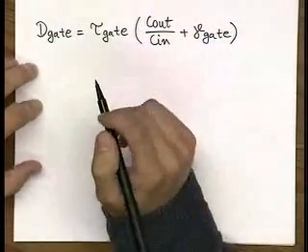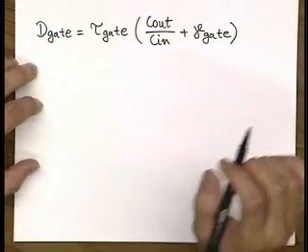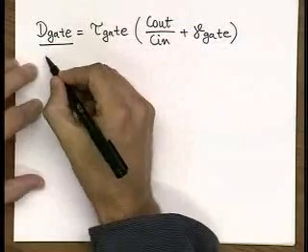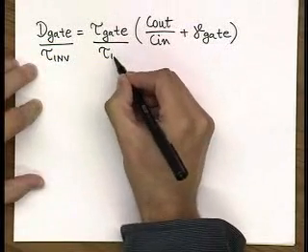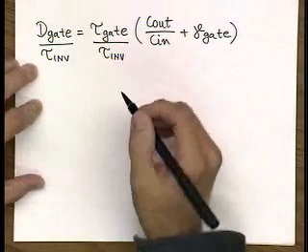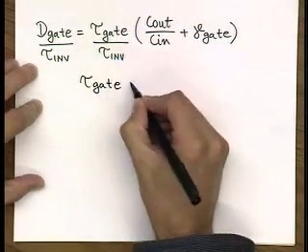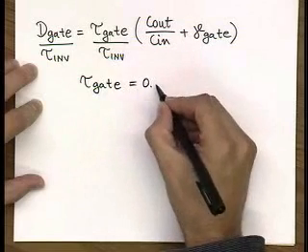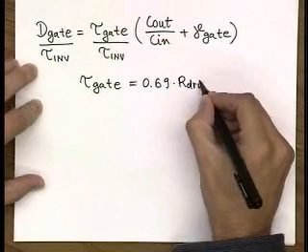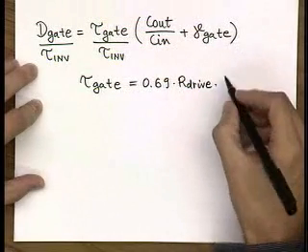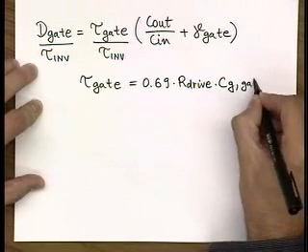And then we want to normalize this to the time constant of an inverter. Where the time constant of a gate is equal to 0.69 times drive resistance times gate capacitance of this gate.